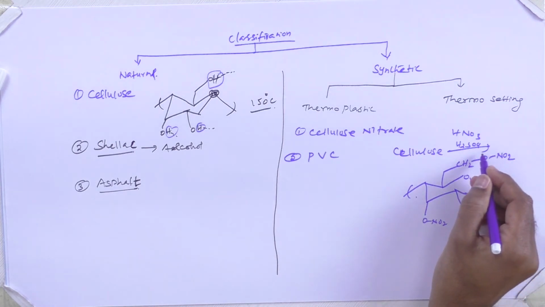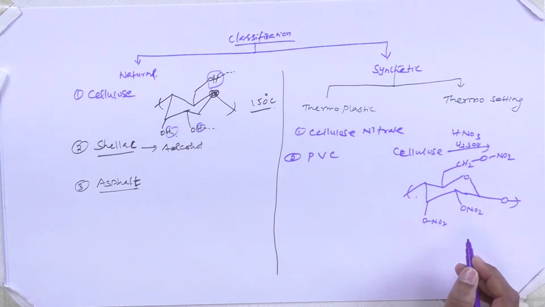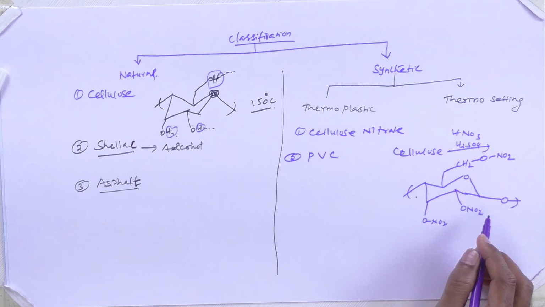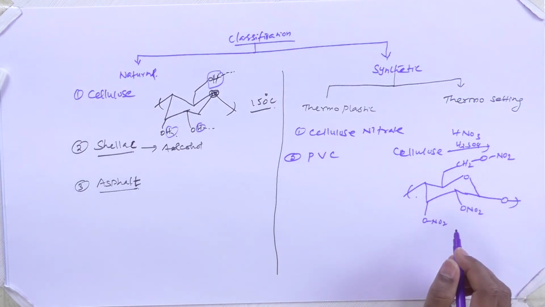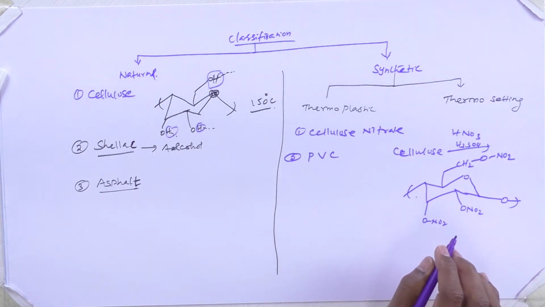So this compound has very good resistance towards chemicals, even water molecules, and it is not easily affected by microorganisms. Because of this nitrate group, it is not easily affected by microorganisms, and it shows excellent water repellent behavior also. Therefore, such adhesives can be utilized for various purposes, in the industrial sector and even the domestic sector.